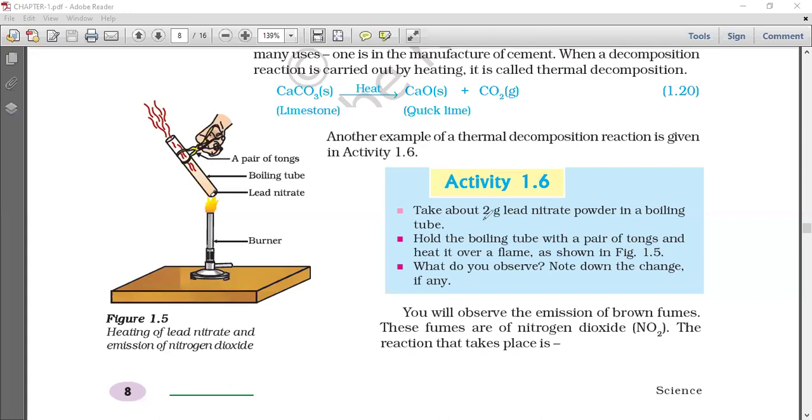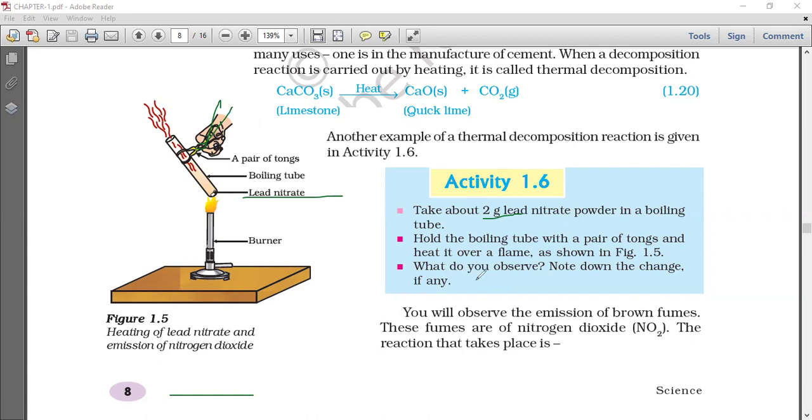How much? 2 grams of lead nitrate. After that, hold the boiling tube with a pair of tongs. These are called a pair of tongs, which you will find in the laboratory, and heat it over a flame.